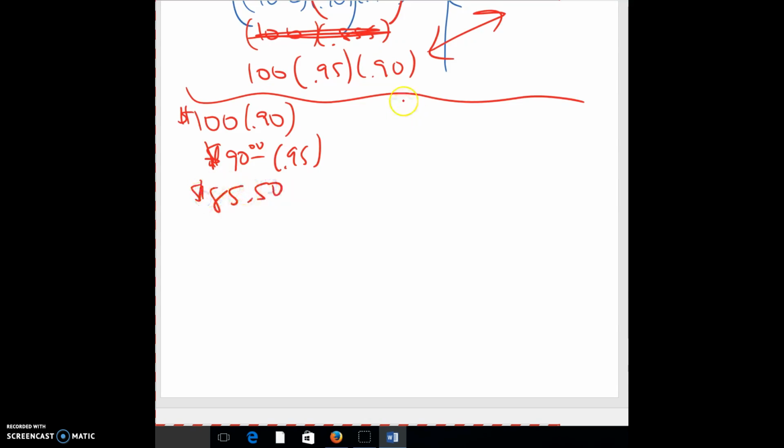All right, but is that the same as 15%? If I do 100 times 0.85, notice that is $85. So those are not the same. Doing 10% first, followed by 5% second, is not the same as 15%.